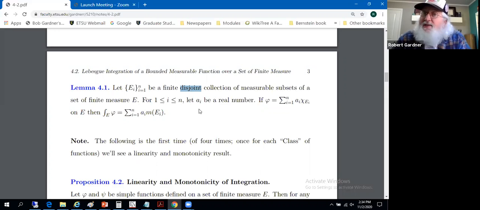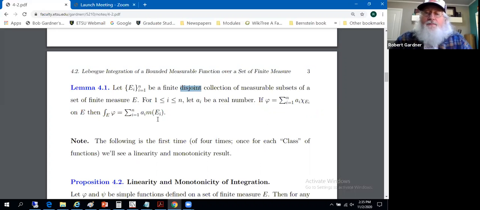Nobody said they were distinct this time. They were distinct when we had a canonical representation. If phi can be written as a sum from i equals 1 to n of a sub i times the characteristic function of E sub i on set E, then the integral of phi is the sum of the a sub i's times the measures.